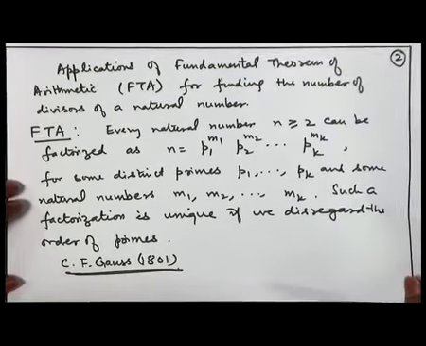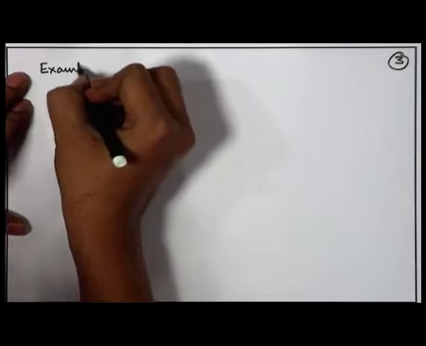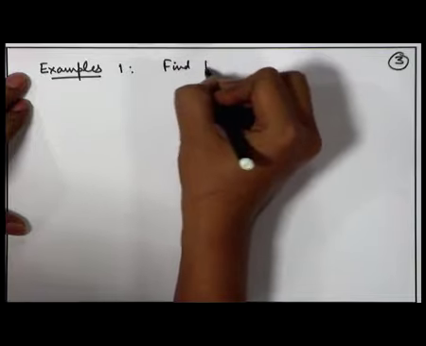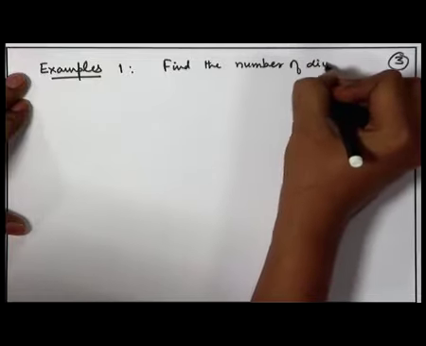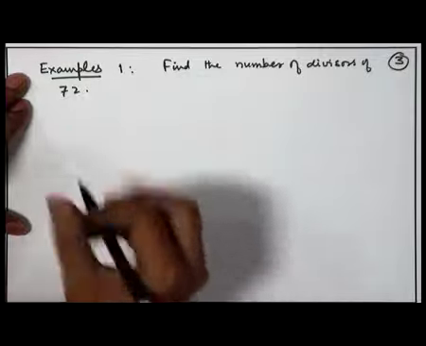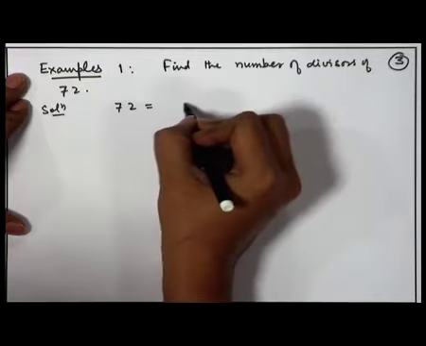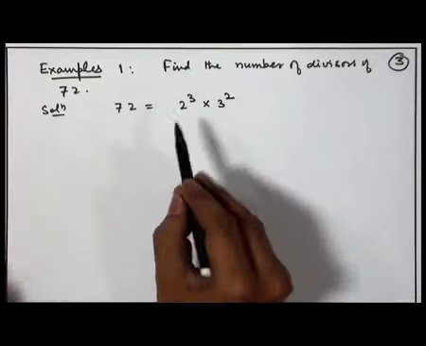Now, let us see, this can be used for finding out all the divisors. So, I will show you the application of the bijection principle here. Find the number of divisors of, say, 72. So, 72 can be written as 2 cube into 3 square. By the factorization theorem, this is the unique representation.